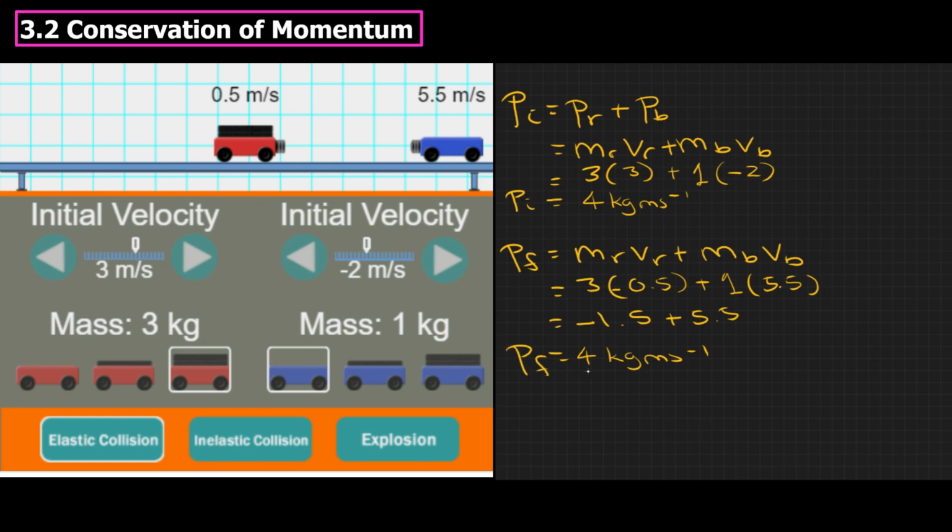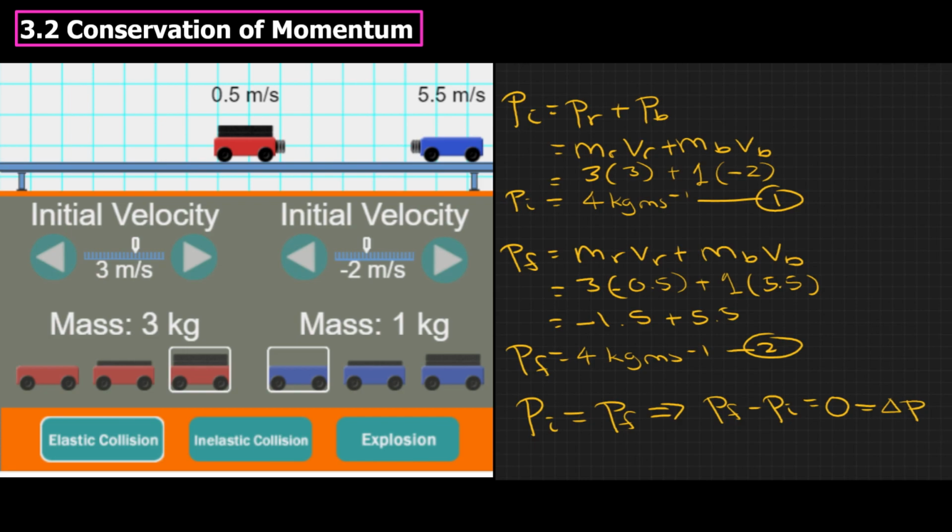If we compare those two values, the first one and the second one here, what we find is that P_i is equal to P_f. If we simplify it further, we can say that P_f minus P_i equals 0, which is also the change of momentum.